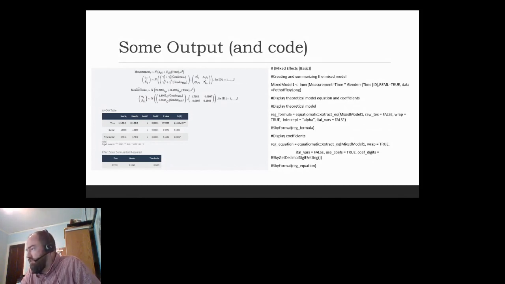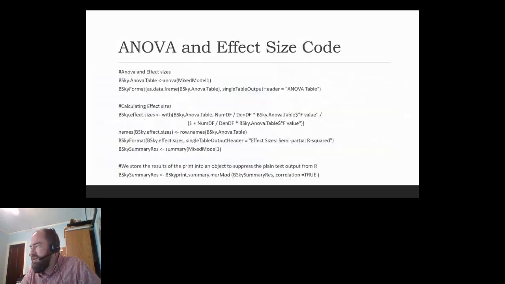So you can see the actual lmer statement where measurement is predicted by time and gender, and we have the random effect time nested within ID. I won't bore you going through the code, but if you send me an email, I'll share these slides with you. And so we get effect sizes calculated for you.